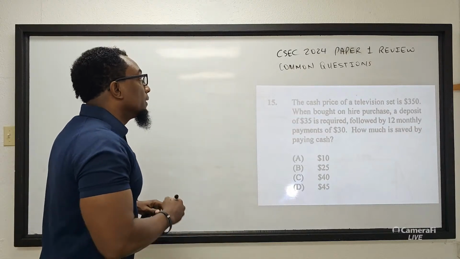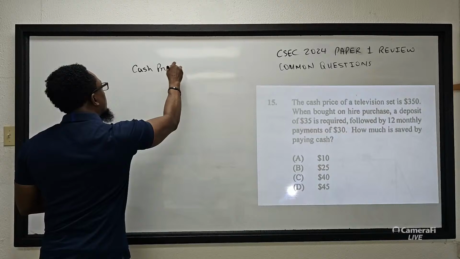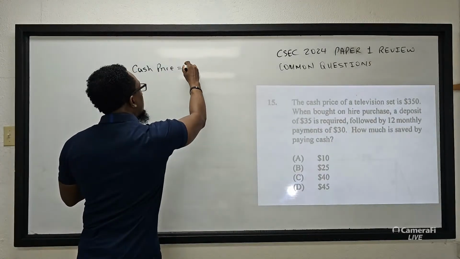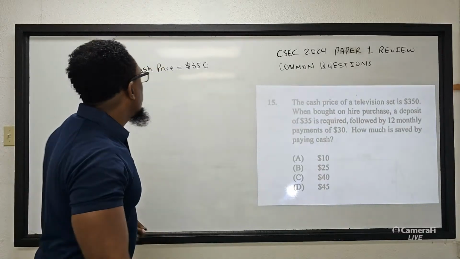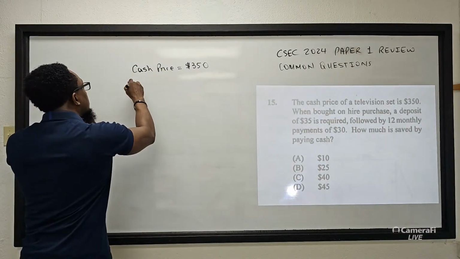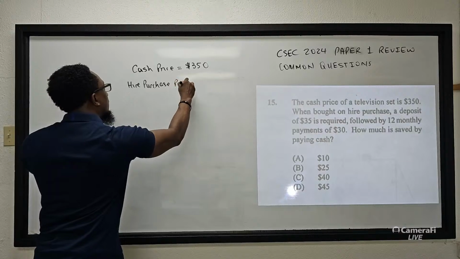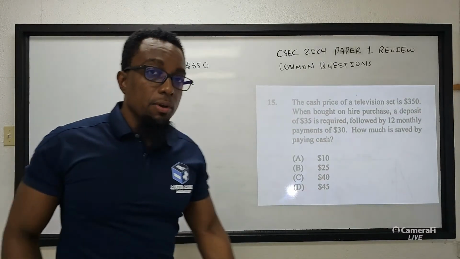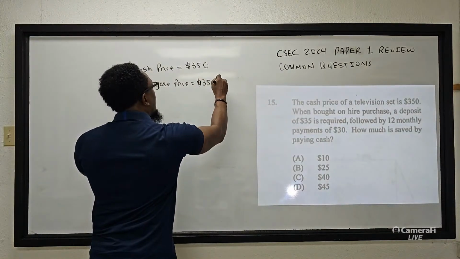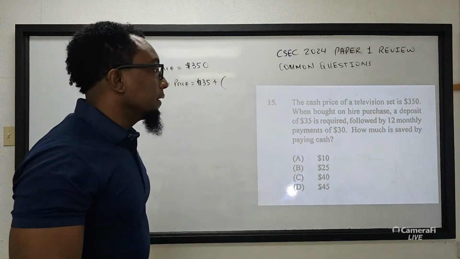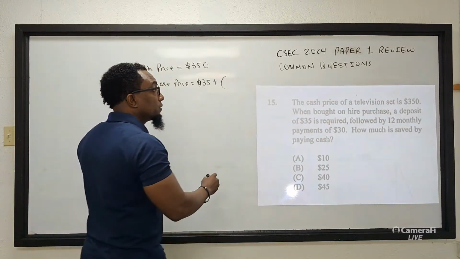So the cash price here is $350. So what is the hire purchase price? The hire purchase price will be your deposit of $35 plus the remaining money, which is paid in equal monthly installments.